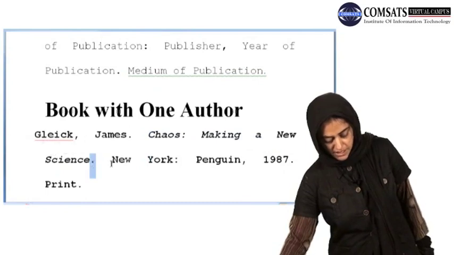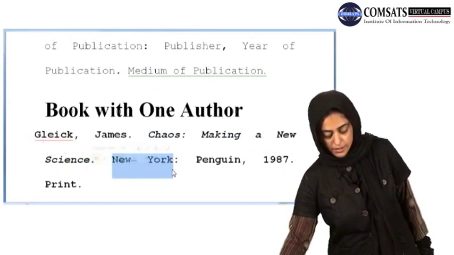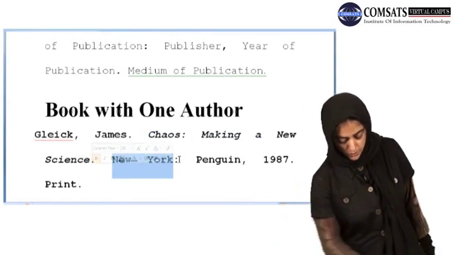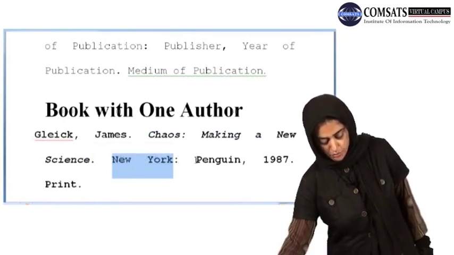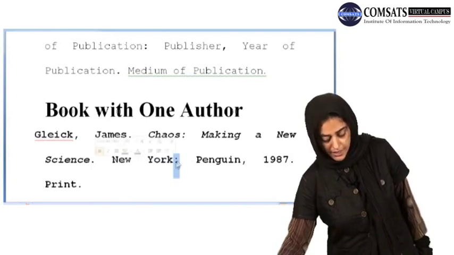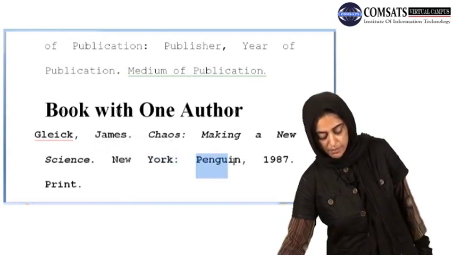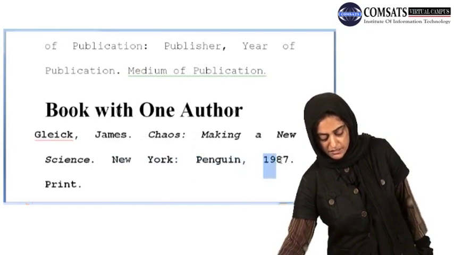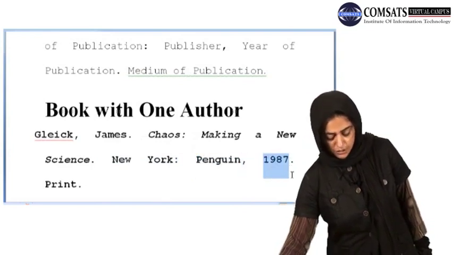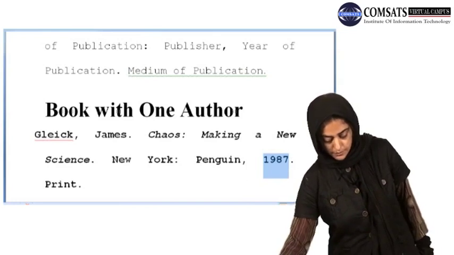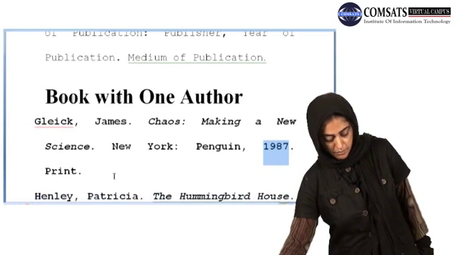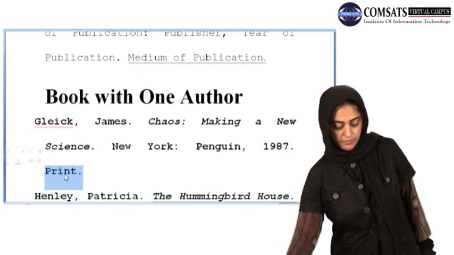Then comes the city of publication, New York. After the city of publication, you can see a punctuation mark that is called a colon, and after it the name of the publisher, Penguin, then comma, 1987 is the year of publication, then dot, then medium of publication, print.